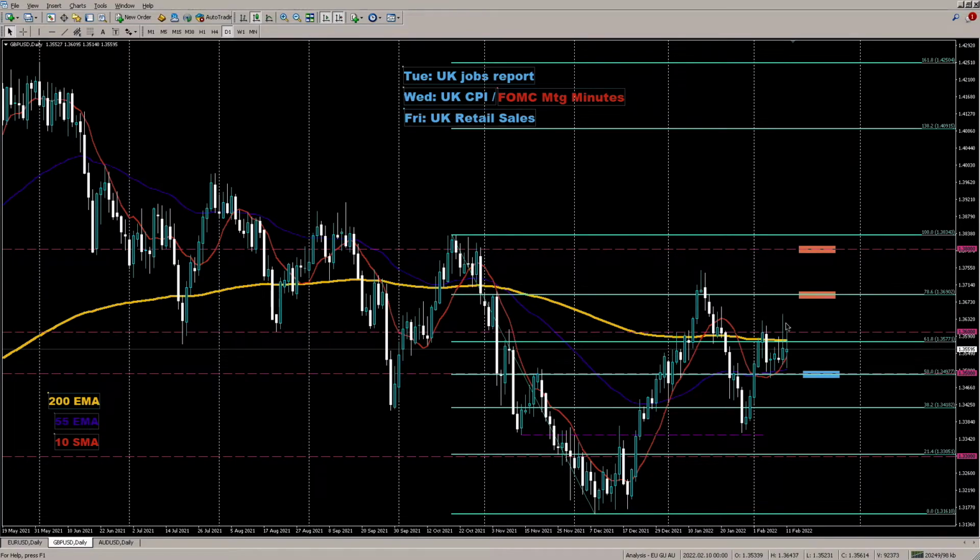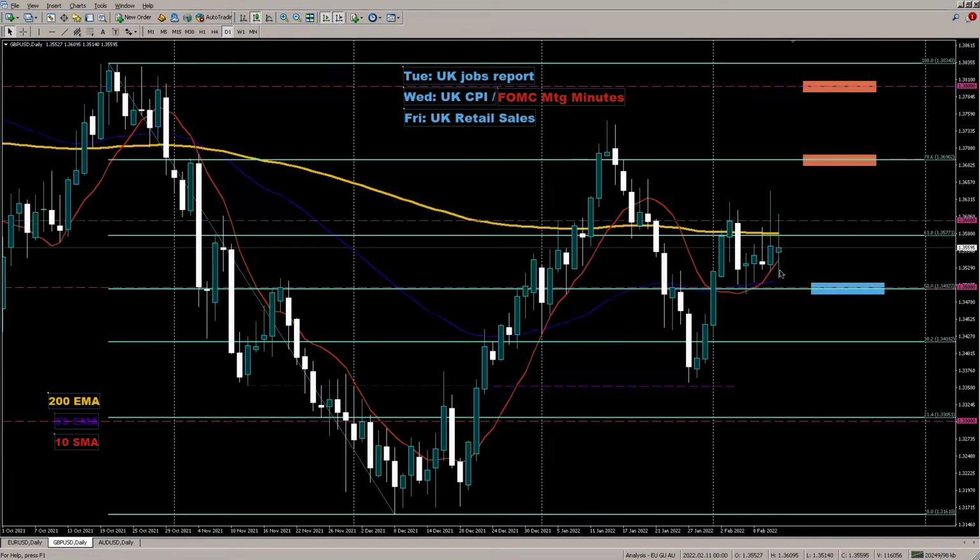And it did attempt to break out higher on the Thursday with the CPI data, and the cable has been resilient and has not fallen further on the Friday.